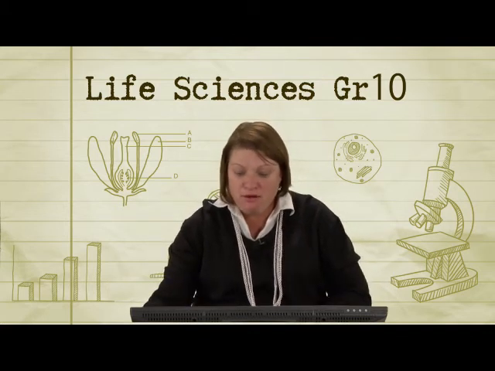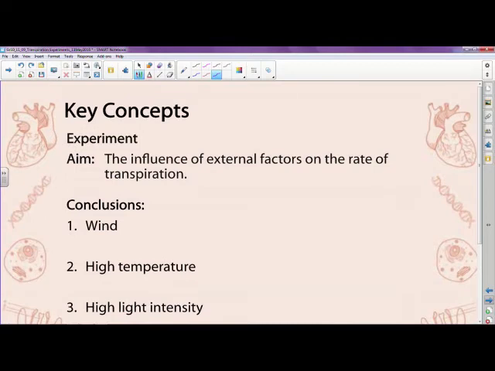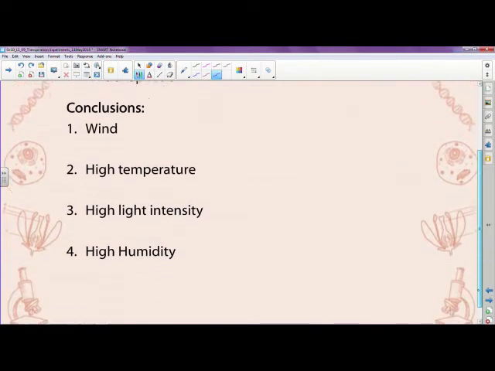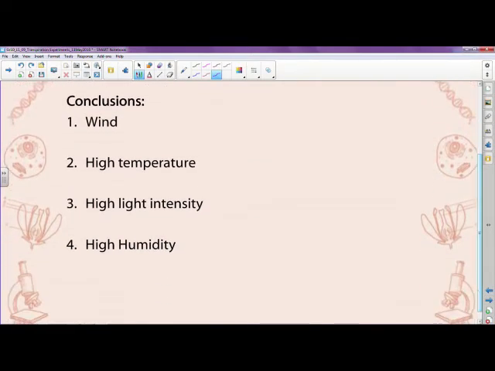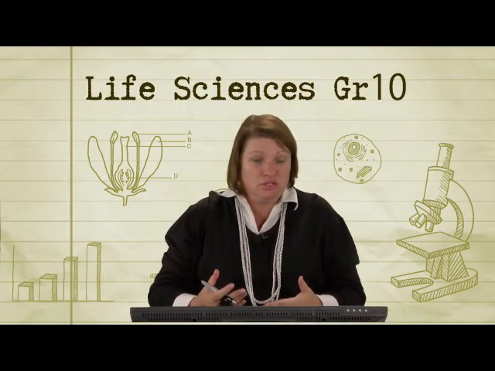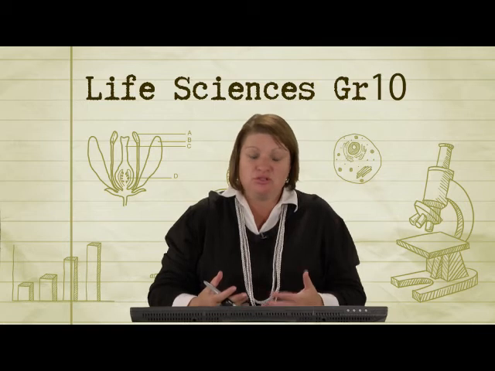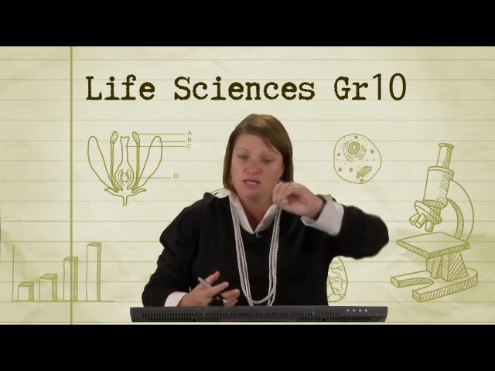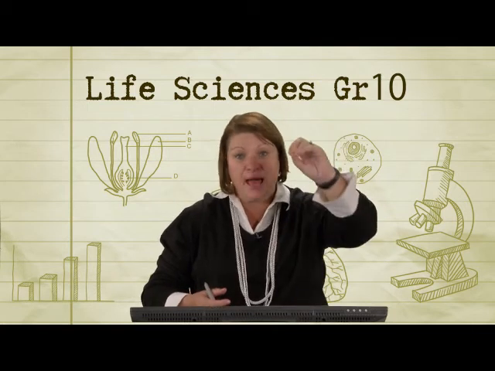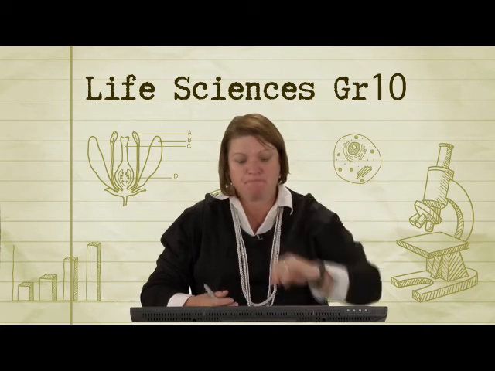From my results, what do I then need to do? I'm going to take my results and make an observation. And from that observation, the chances are that you will probably have the following results. But even if you don't get these results, your conclusion is always based on what happened.